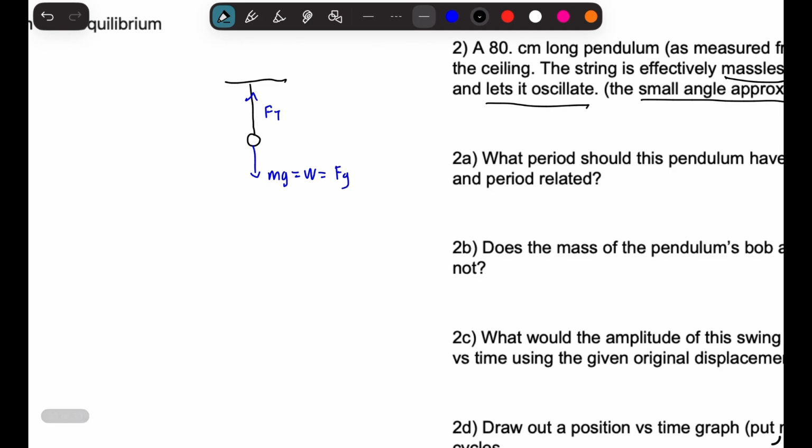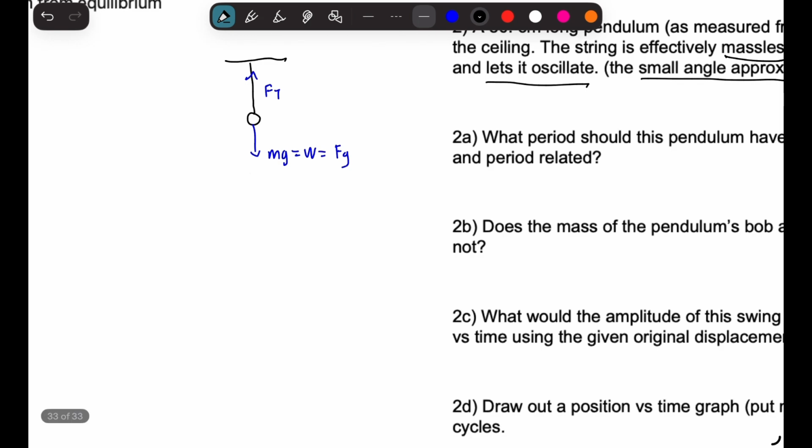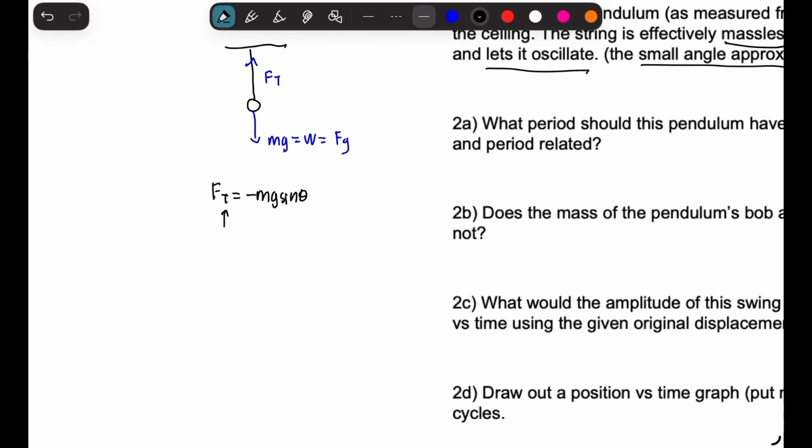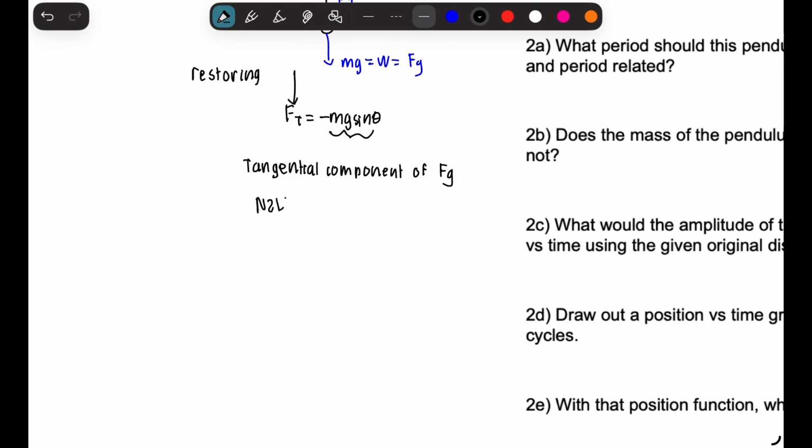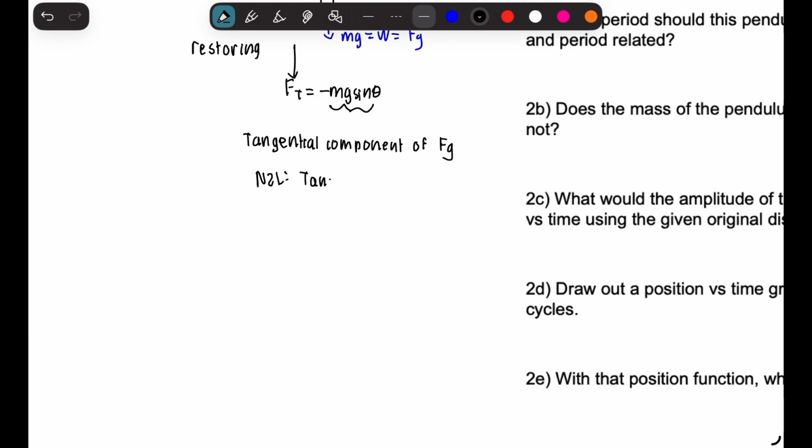For the pendulum, the restoring force is the tangential component of gravity. That's your restoring force. Now you can use Newton's second law in your tangential direction.